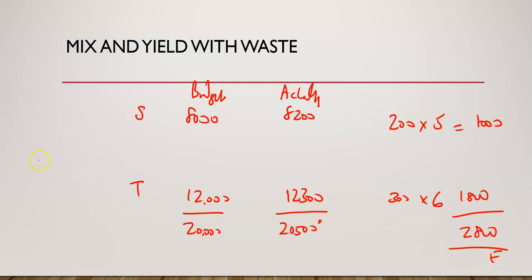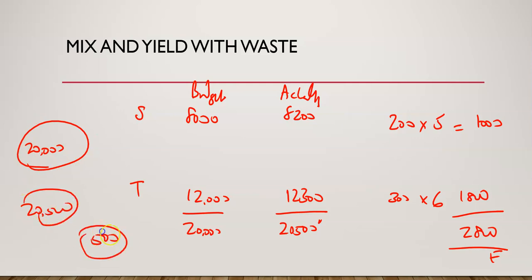The other way you could look at it is that you were going to sell 20,000 units, and you ended up selling 20,500. So you've sold 500 more. The question is, how do I analyze this 500 more? The ratio was to sell 8 to 12, so 40% to 60%. 40% of 500 is 200, and 60% is 300.